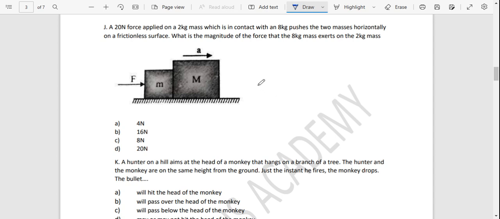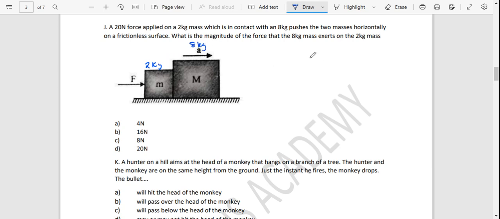A 20 Newton force applied on a 2 kg mass which is in contact with an 8 kg mass pushes the two masses horizontally on a frictionless surface. What is the magnitude of the force that the 8 kg mass exerts on the 2 kg mass? So this one is a 2 kg mass and we've got an 8 kg mass.